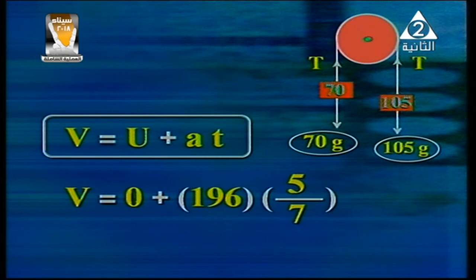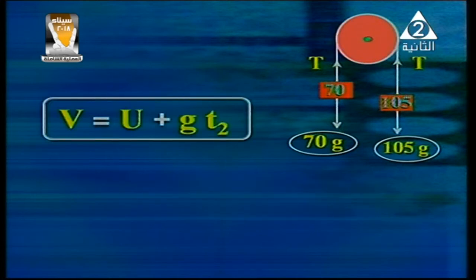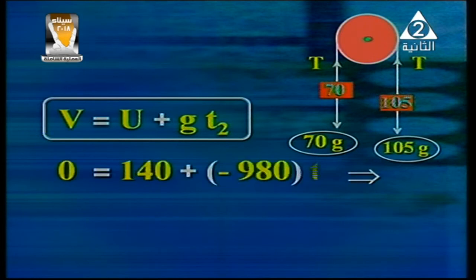Because the velocity from the starting motion, initial velocity equals 0, then v equals 140 centimeter per second. Then with respect to the second body, v equals u plus gt, then 0 equals 140.